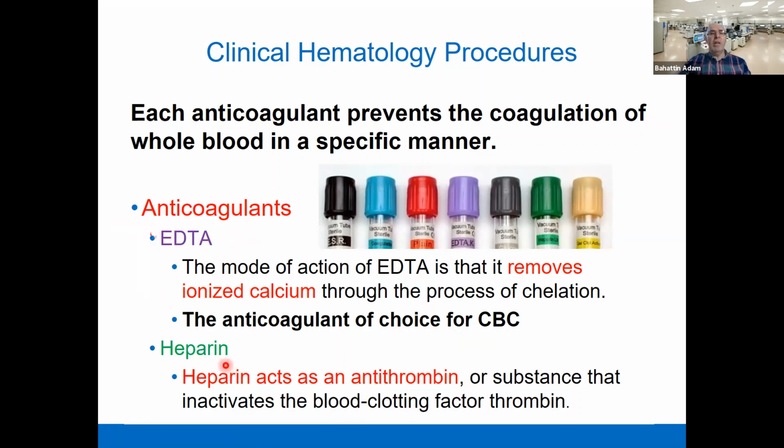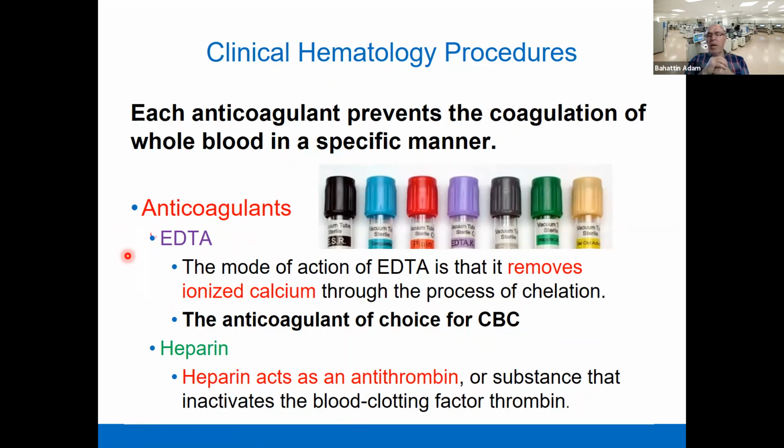EDTA combines with calcium and removes calcium. Calcium is essential for coagulation.